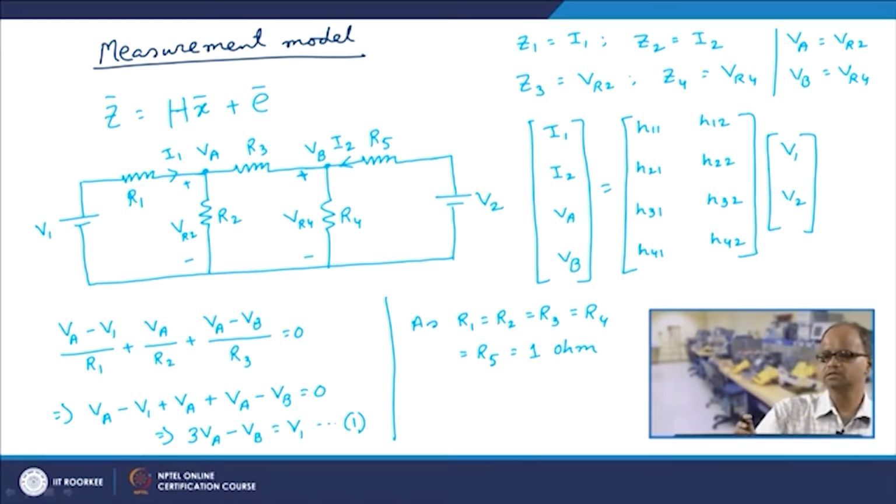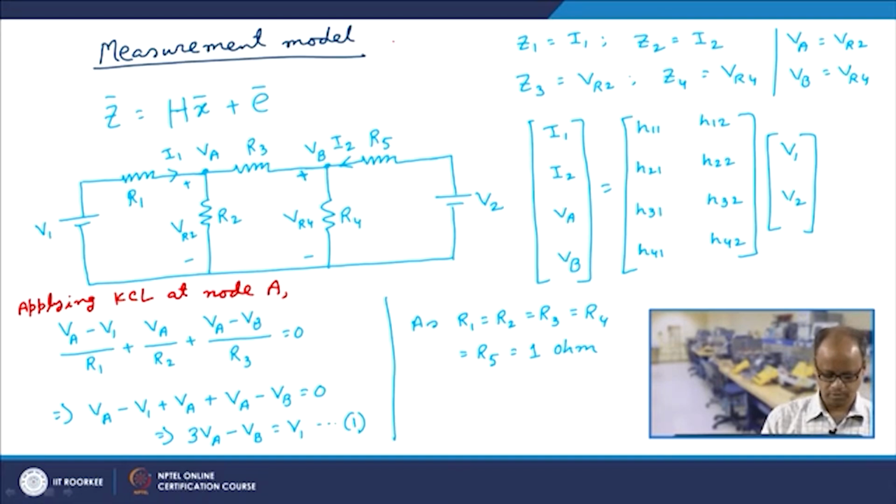So, this is our first equation. Now, we apply KCL at this second point. Applying KCL at node A, we get this.